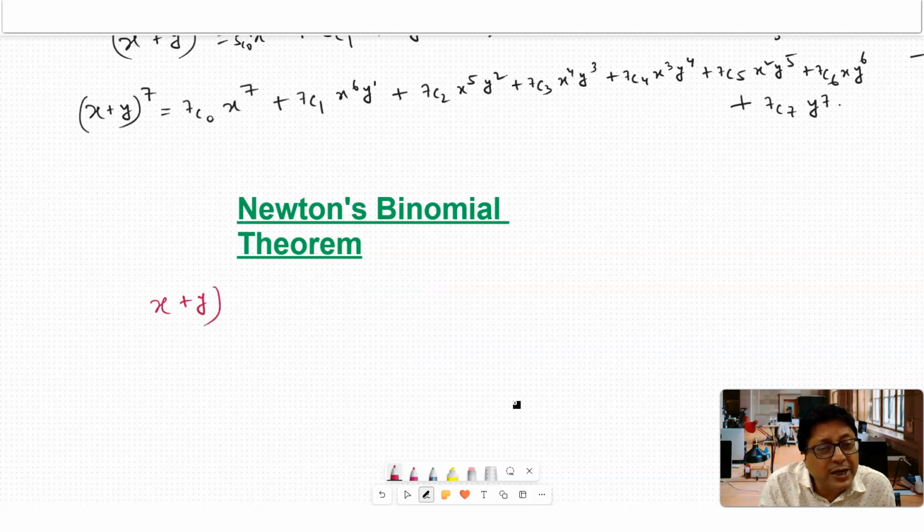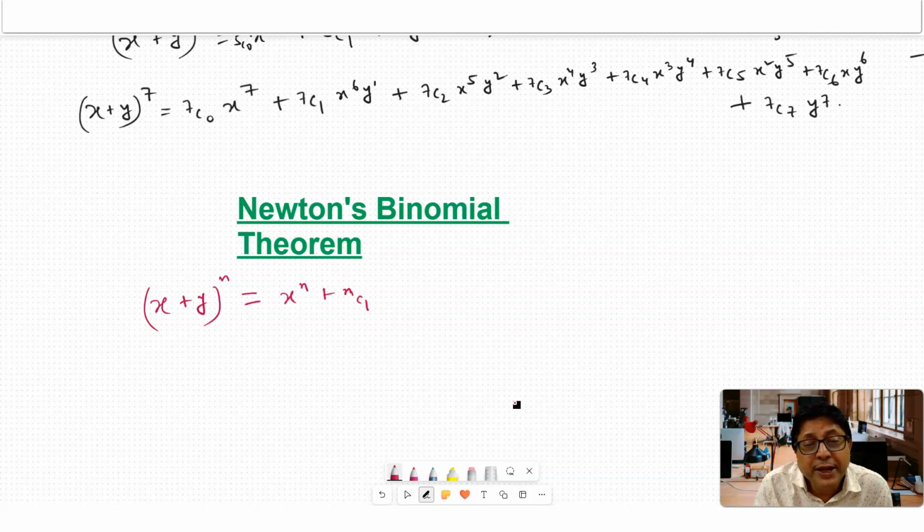(x + y) to the power n, n is a positive integer. Maybe 0 also, but 0 we don't need. x to the power n plus, I am following the pattern I have used before, nC1, nC2, like 7C1, 7C2.